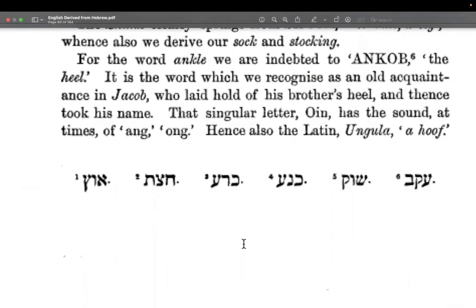It is the word which we recognize as an old acquaintance in Jacob, who laid hold of his brother's heel and thence took his name. That singular letter, ayin, has the sound at times of eng or ong. Whence also the Latin ungula, a hoof.